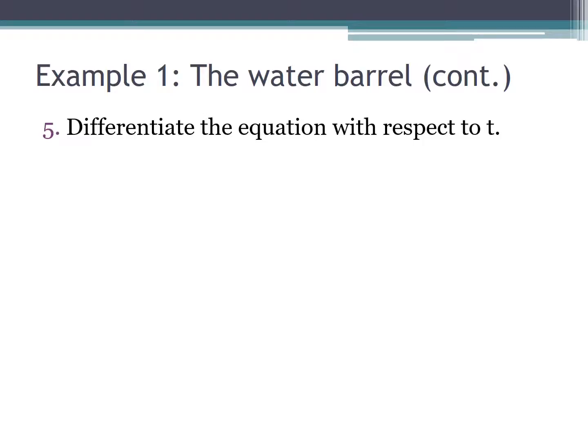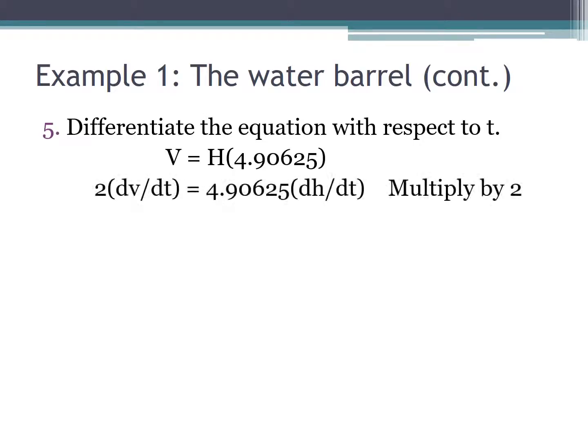Our next step is to differentiate the equation with respect to time, or t. To do this, we take our known equation, that the volume equals the height times the approximation of 4.9, and then we look at it with respect to what we know.